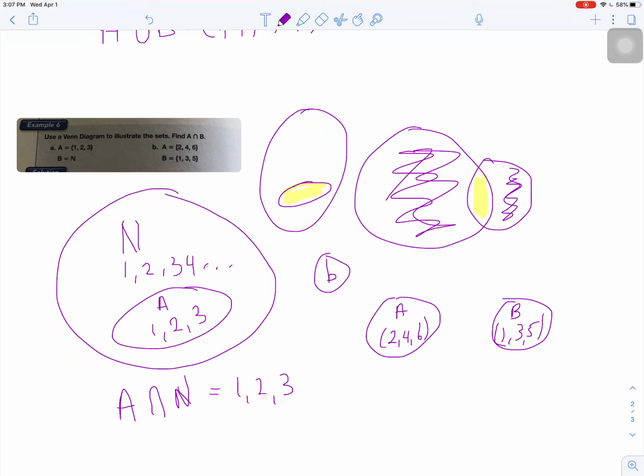So we have A, and then we have our intersect with a line through it, does not intersect B. Equals, what do we have? We have 0 numbers in there. Okay, so an empty set, that's what that means, empty set. When you got nothing, there's nothing that matches together.